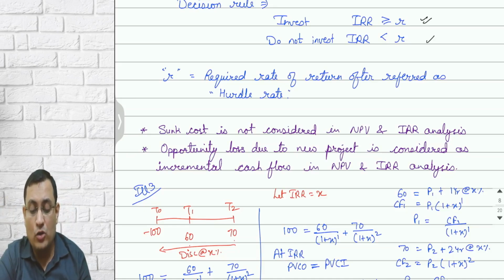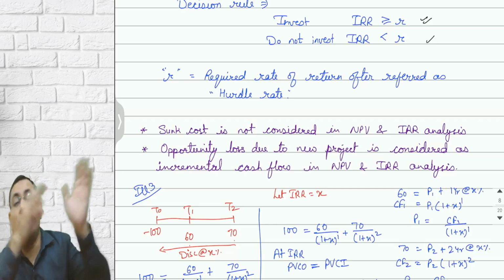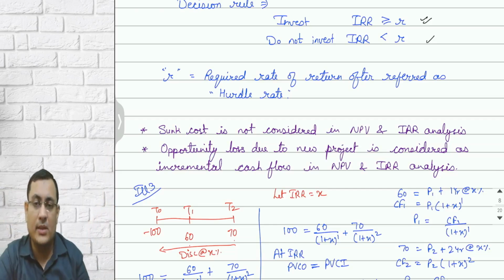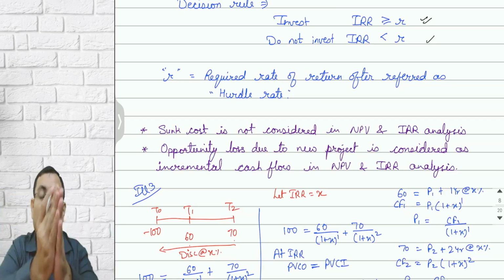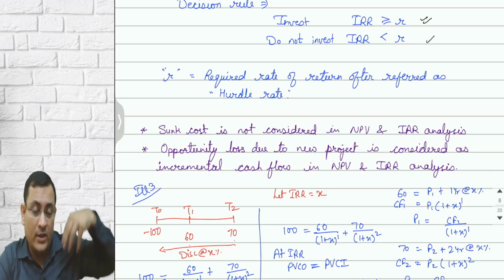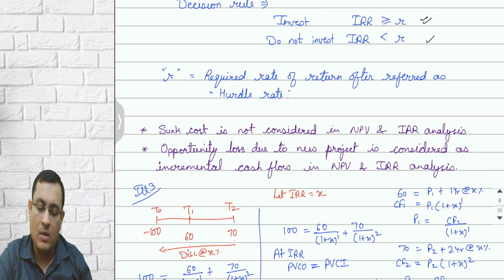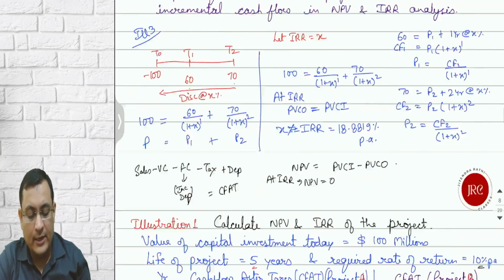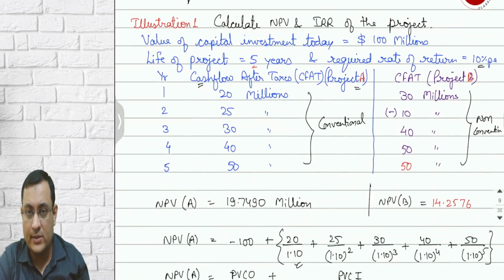Opportunity loss due to the new project is considered as an incremental cash flow, of course an outflow, in NPV and IRR analysis. And this can be a gain also, because of the new project you are getting additional advantage in your existing business. You are getting more sales because you have got a complementary product. That additional revenue in the existing business should also be considered in this project analysis. So that is the theoretical part; of course in numerics it is going to complicate the situation.